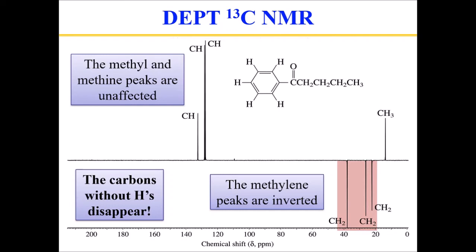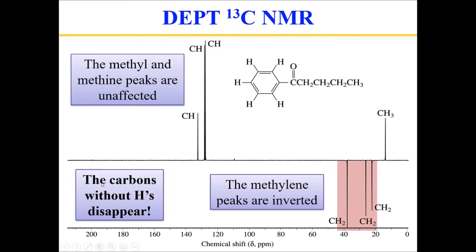So it produces a very similar spectrum, but notice how now this is the baseline right here, and some of the peaks are going the wrong direction. That is the nature of how a DEPT experiment produces data. And it will specifically invert those carbons that are attached to 2 hydrogens. The carbons with 1 or 3 hydrogens are not affected by this DEPT experiment, and the carbons without any hydrogens at all disappear.